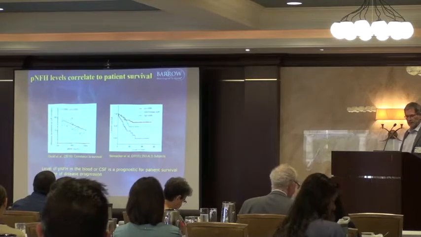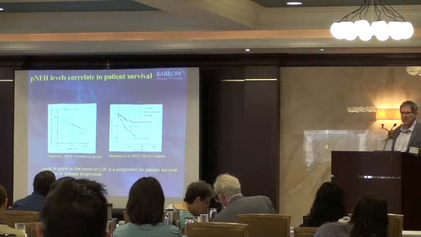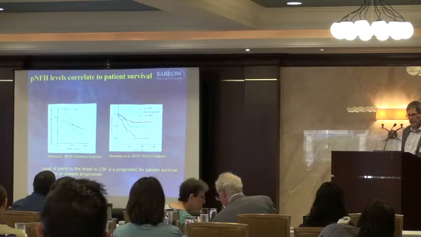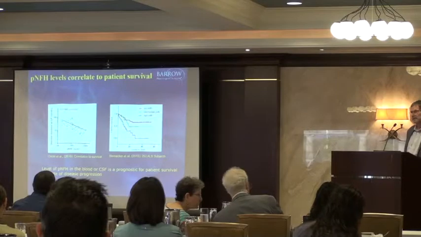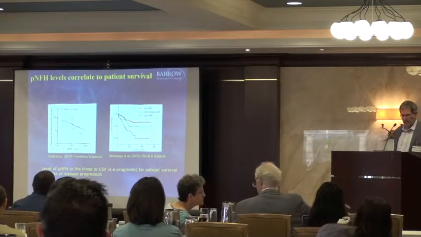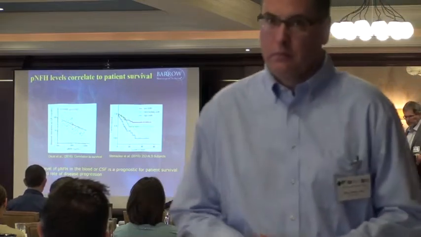And then finally, on the fluid side, again with respect to ALS, phosphorylated neurofilament heavy chain is a marker of axon degeneration and is currently being developed in ALS as a diagnostic marker and potentially both a prognostic marker and a target for intervention.